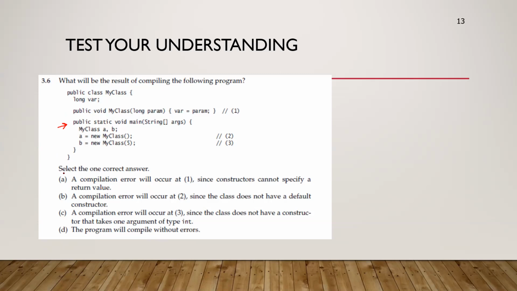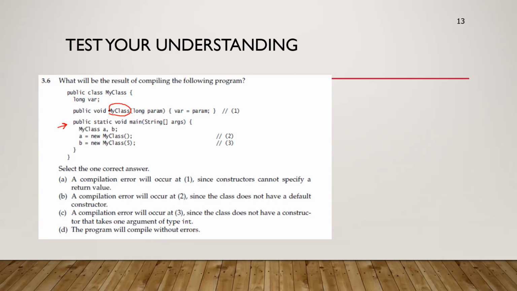This will not be considered a constructor, but it will be considered a method. What you were told is that a constructor cannot have a return type, so the rule will be followed. This will not have a return type, but it will now be considered a method instead of a constructor.